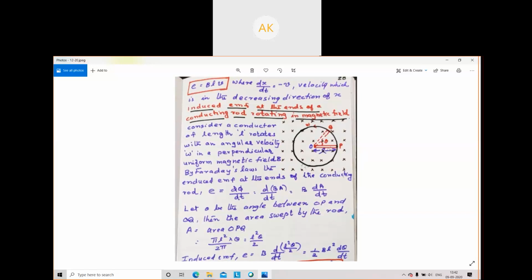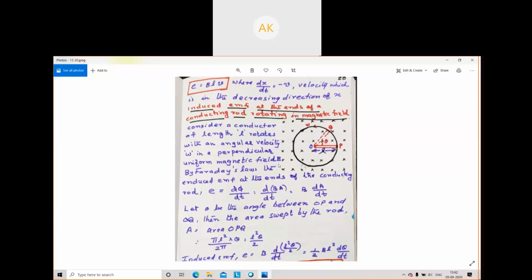Initially it is at this position OP, and it rotated through an angle theta in the anti-clockwise direction. The rod is rotated in the anti-clockwise direction, and the new position is OQ.